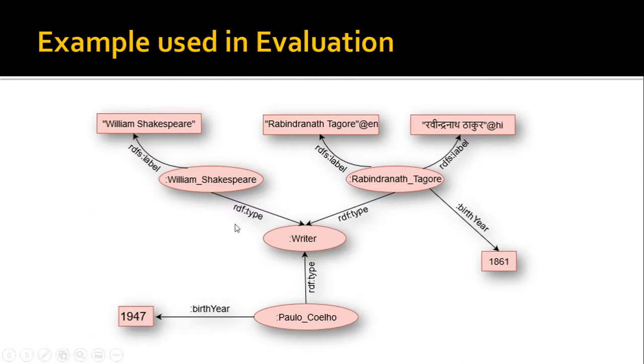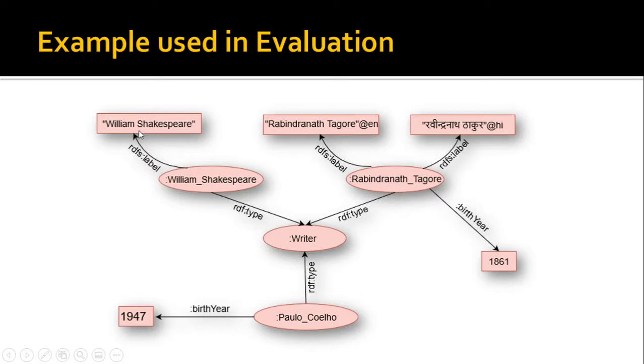So this is the graph. You can see that you have three entities: Rabindranath Tagore, William Shakespeare, and Paulo Coelho, right? They are all of type writer. Rabindranath Tagore has two representations of his name: Rabindranath Tagore in English and Rabindranath Thakur in Hindi.